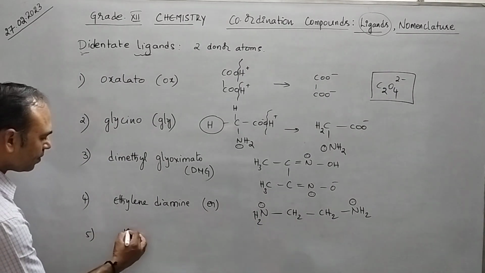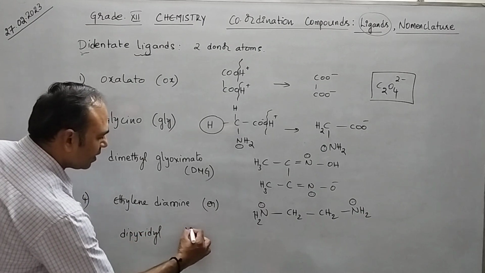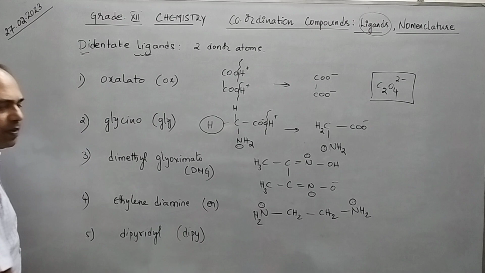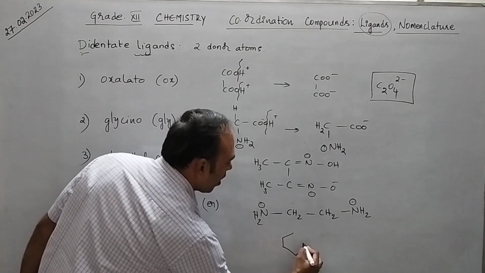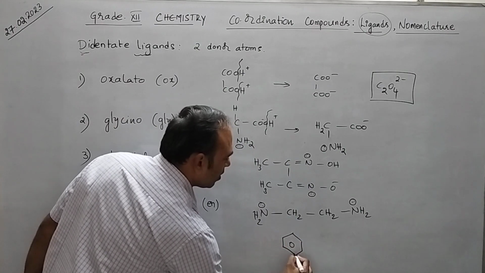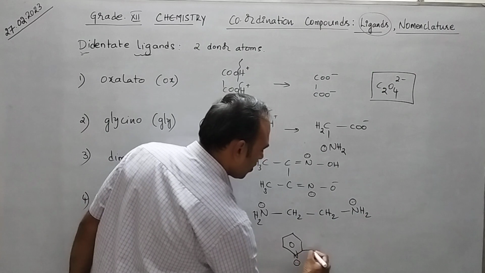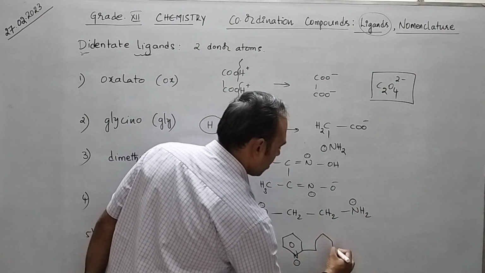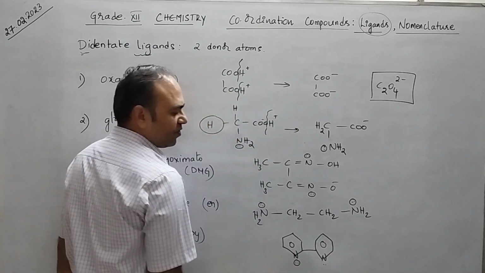Next, the last one, dipyridyl, which is represented as DIPY. In this we know there are two pyridine groups. This is one pyridine, N with the lone pair, and again the second ring of pyridine, N with the lone pair.